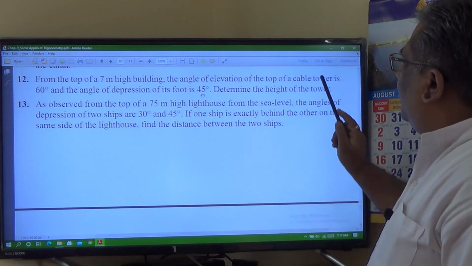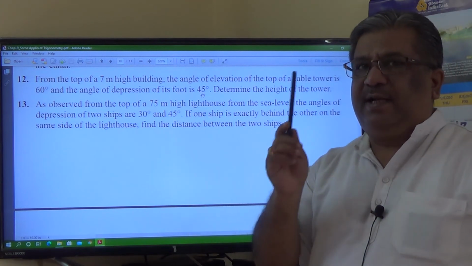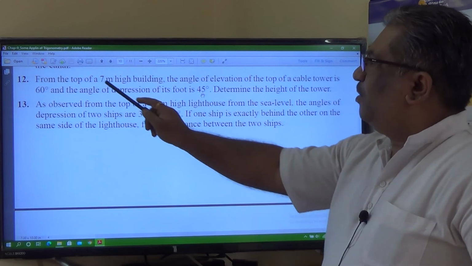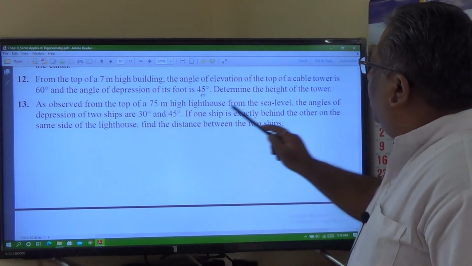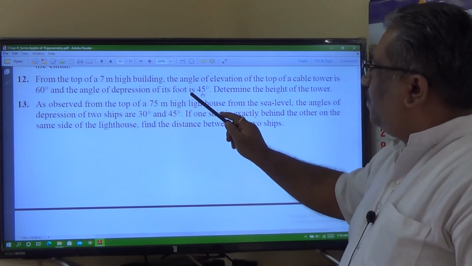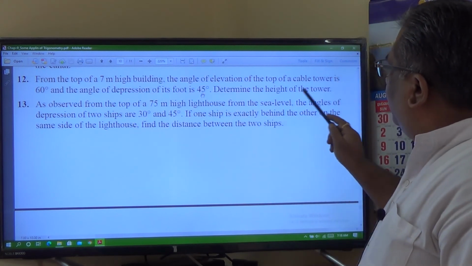That means the tower should be taller than the building. That information should be kept in mind while drawing the diagram. So from the top of the building, the angle of elevation of the top of the tower is 60 degrees and the angle of depression of the foot of the tower is 45 degrees.